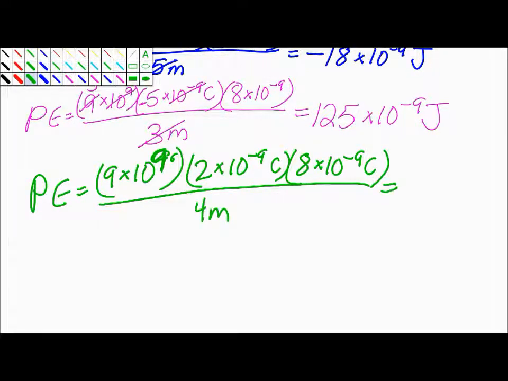And then this is equal to, let's do my cancels here and here. This 4 cancels with this 8 and leaves a 2. That gives me 36 times 10 to the minus 9 joules.